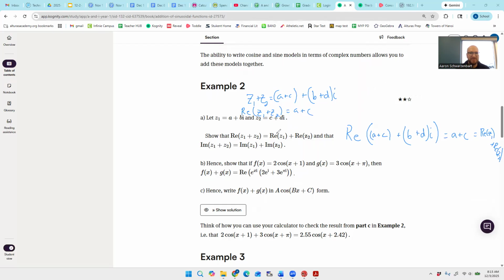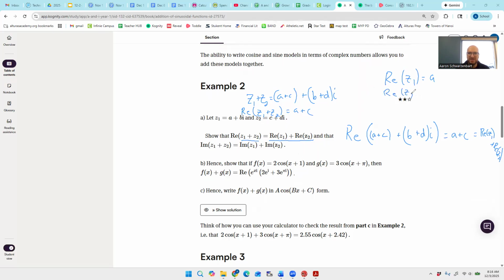Is that just like the notation for real part of z1 plus z2? So it's asking me for what is the real part of these two added together. And it wants you to prove that it's the same as that. So real z1 equals a.